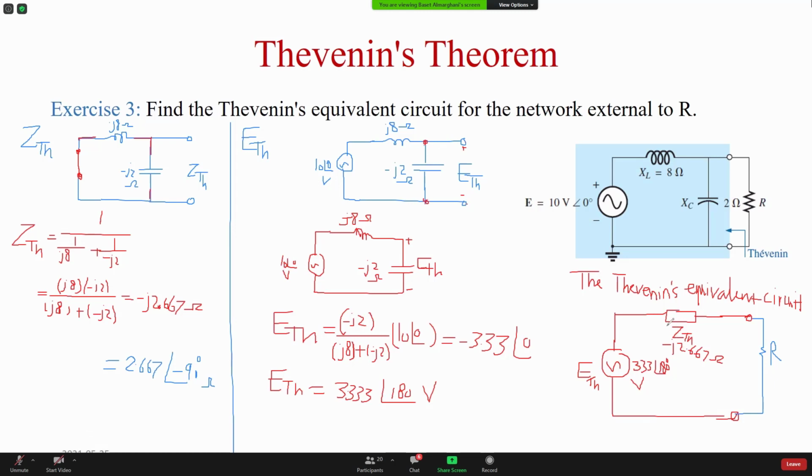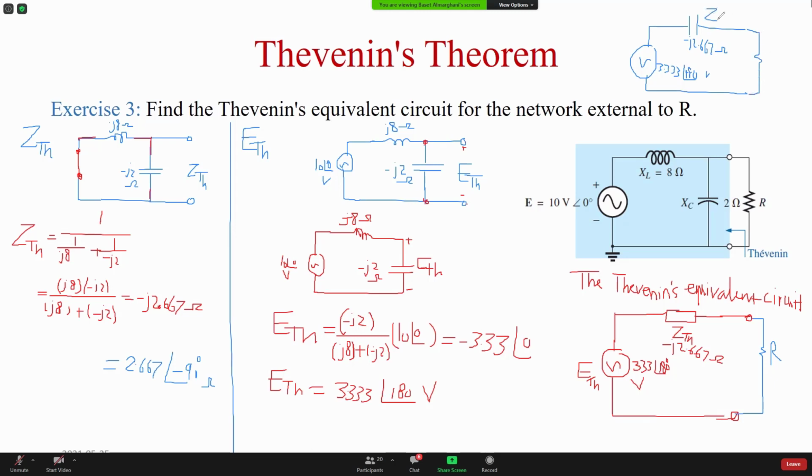Sometimes instead of writing impedance, because this looks like a capacitor, because it's minus J, someone can actually do the equivalent circuit like this. This is minus J 2.667 ohm, and this is 3.333 angle minus 180 volt, and this is the resistance.